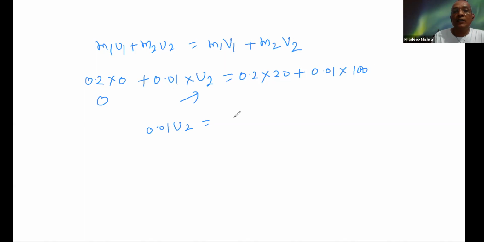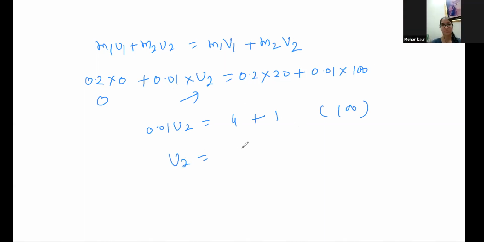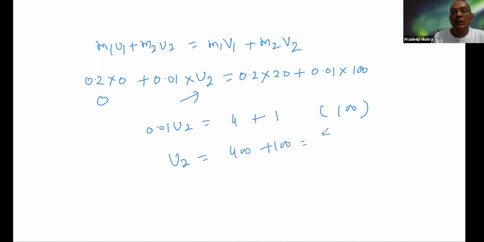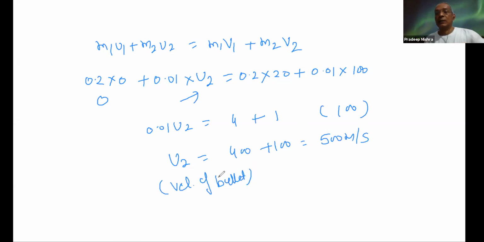So this is 4 plus 1, and I multiply this equation by 100. So u2 is equal to 400 plus 100, which is 500 meter per second. This is the velocity of the bullet, the velocity with which it is traveling to hit the ball.